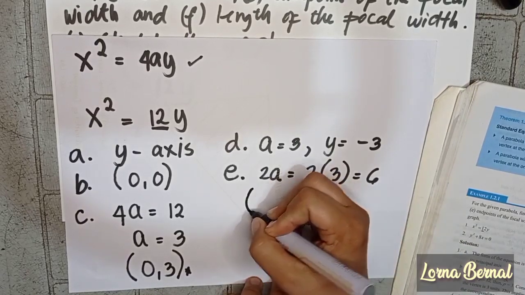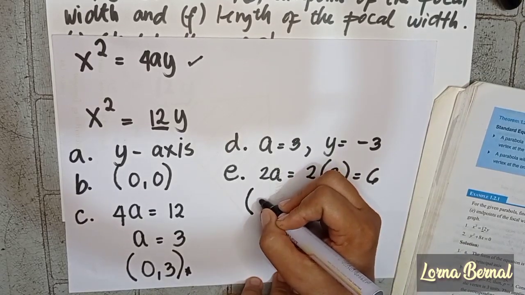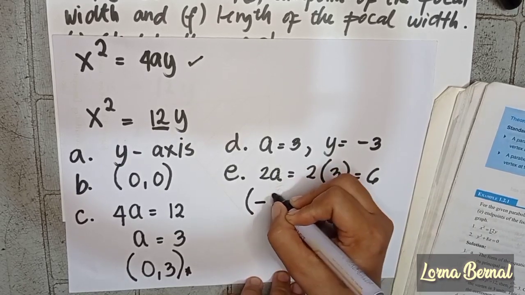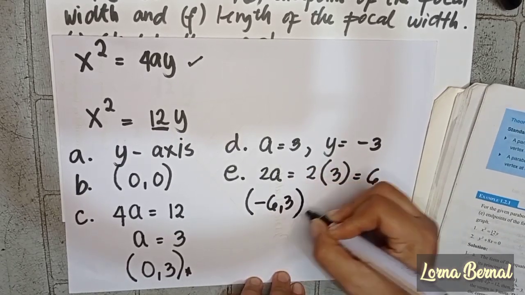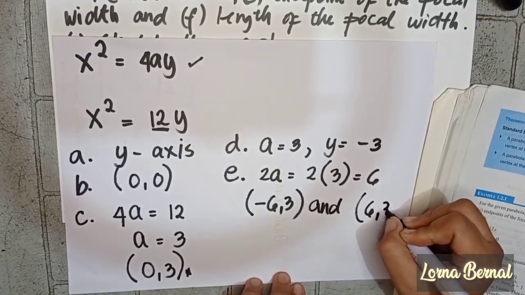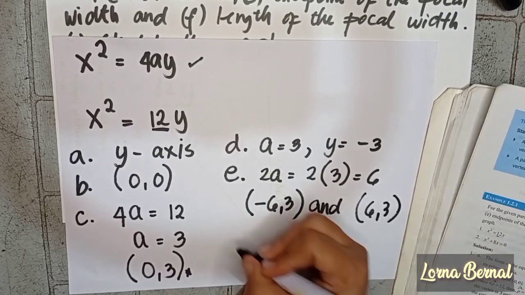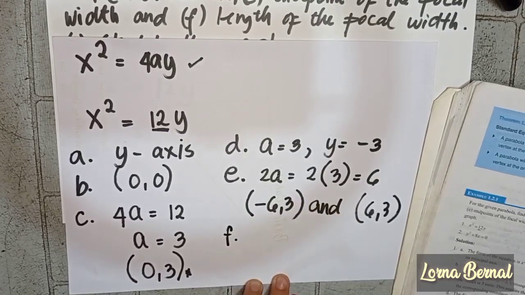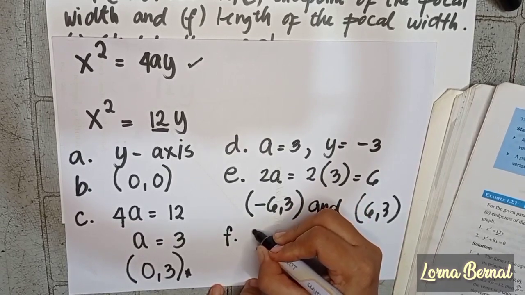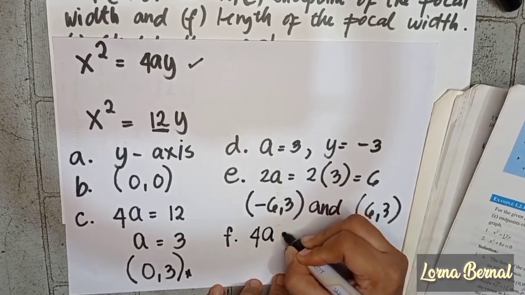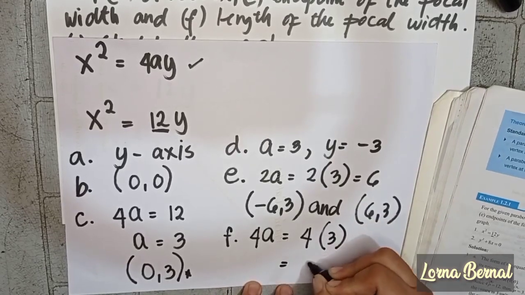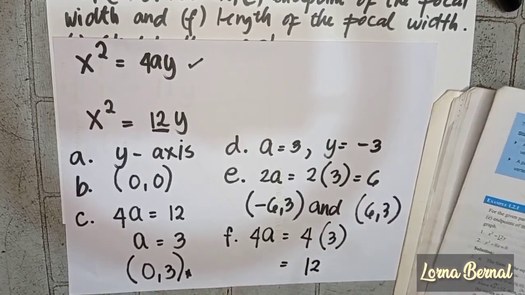Therefore, the endpoints of the focal width would be negative 6, 3 and positive 6, 3. Then letter F. What is the length of the focal width? The length of the focal width is given by 4 times a. So we have 4 times 3, that is now equal to 12.